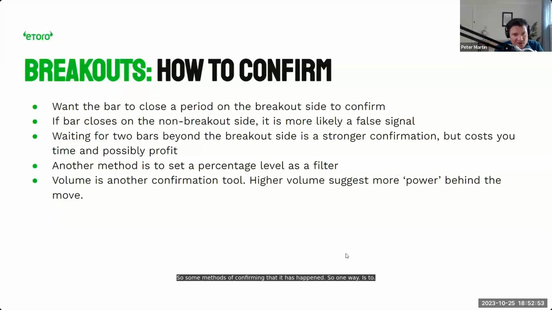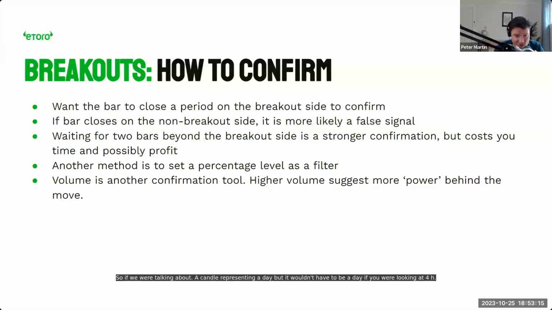So, some methods of confirming that it has happened. One method is to want the bar to close on the breakout side, rather than just an intraday break. If we were talking about a candle representing a day, but it wouldn't have to be a day.